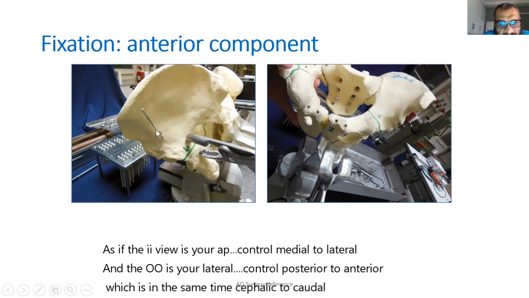If you go with this guide wire caudal towards the patient's leg, the screw will go cephalic. In the coronal direction, or mid-coronal plane, if you go with this guide wire medial, the screw will go lateral. If you go with this guide wire lateral, the screw will go medial.